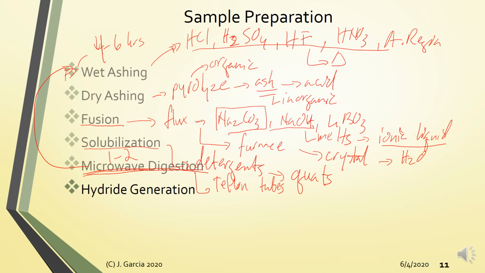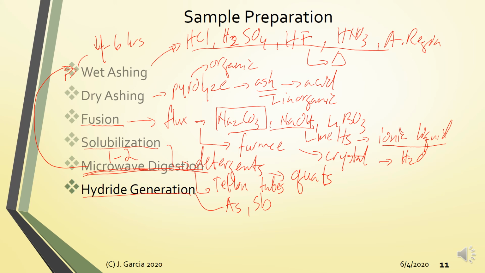Next, you have your hydride generation. This is usually used for the analysis of group 5 metalloids or metals. Why? Because compounds like arsenic and antimony are very stubborn. They don't get atomized readily because they tend to form refractory compounds.